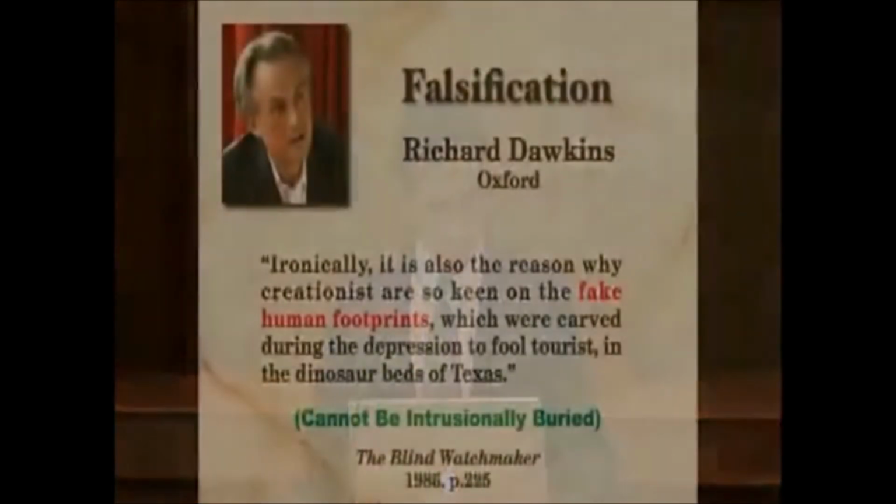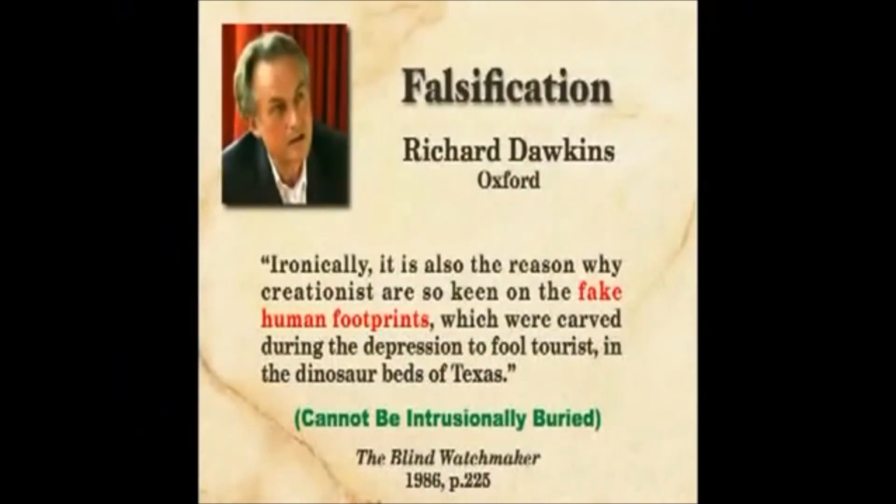He refuses to come look, but he's sure that they're fake, but understands that if they were real, this would falsify and utterly destroy. And of course, one of the main reasons for the interest is that you can't intrusionally bury footprints, can you? They are where they are. You can't erode them and redeposit them, and they don't fall down cracks. And so this is really better evidence than the bones, which he understands.